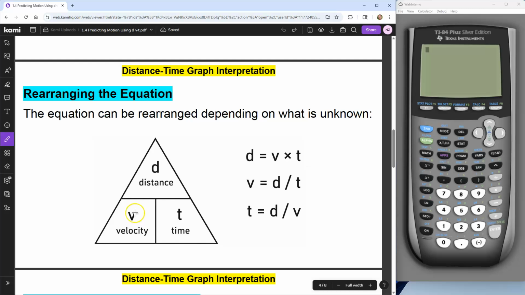If I were solving for velocity, I would cover that up and I would be left with distance over time. If I were solving for time, I would cover that up and I would be left with distance over velocity. So we use this triangle as a quick way to manipulate the equation to solve for your unknown.